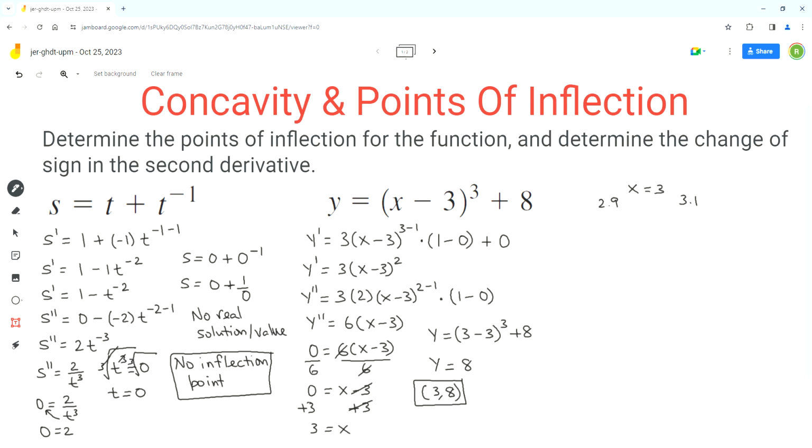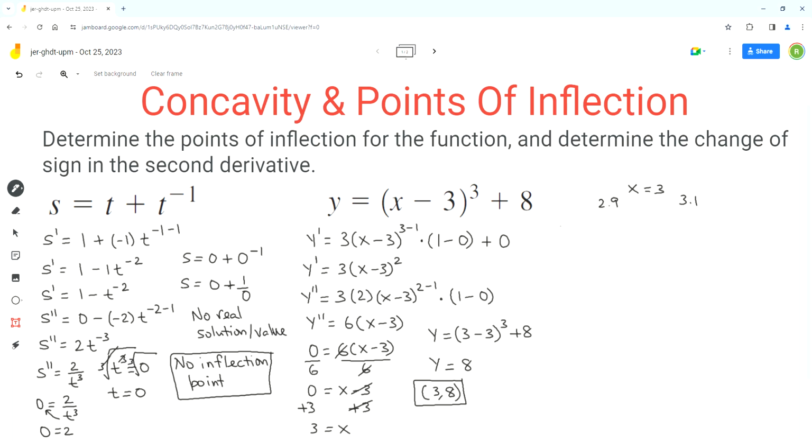So we have to sub in these test values in the second derivative equation and then find out whether the double prime of y is a positive or negative value. Because if it's a negative value, that means the curve concaves down on the left side of the inflection point, and if it is a positive value, that means the curve concaves upward.